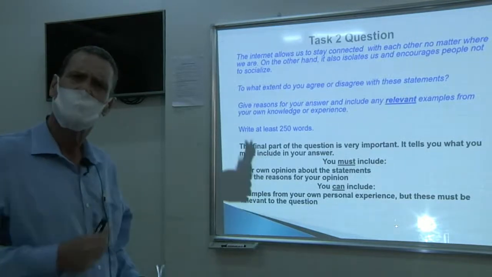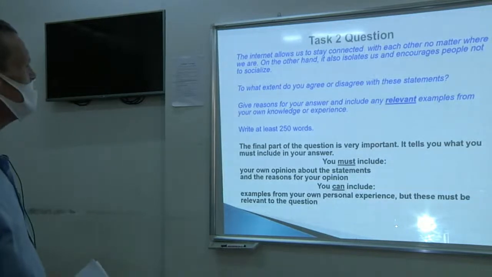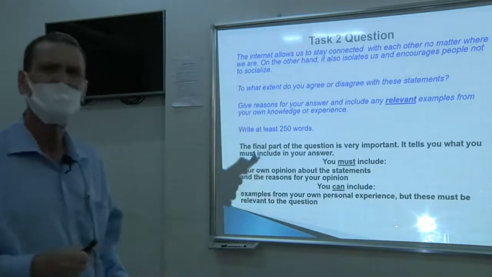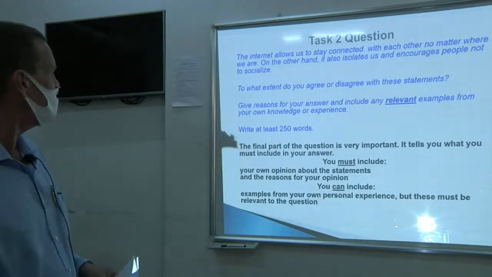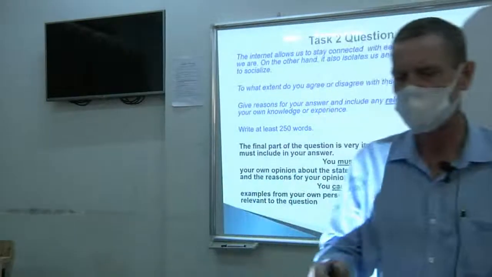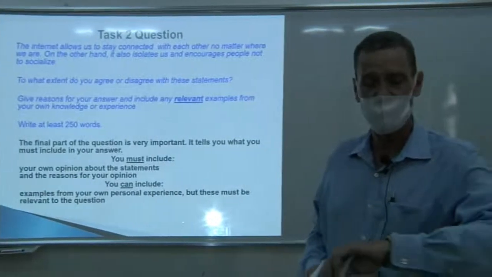That's something I could write about a little bit more. To what extent do you agree or disagree with these statements? And then give the reasons for your answers. Try to think of some examples, some relevant examples from your own knowledge or experience. Talk about something that you've done. Talk about somebody in your family.